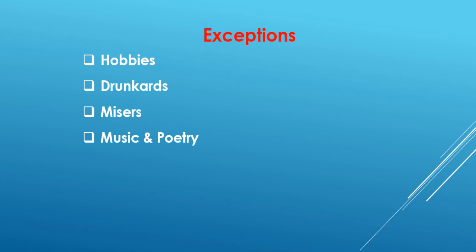Music and poetry. In case of music and poetry, it is commonly explained that a repeat hearing gives more pleasure. However, this feeling is not unlimited, for after a certain repetition, it becomes monotonous and ultimately yields disutility.